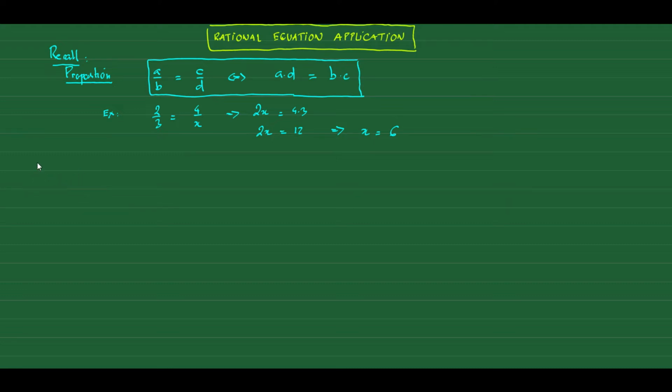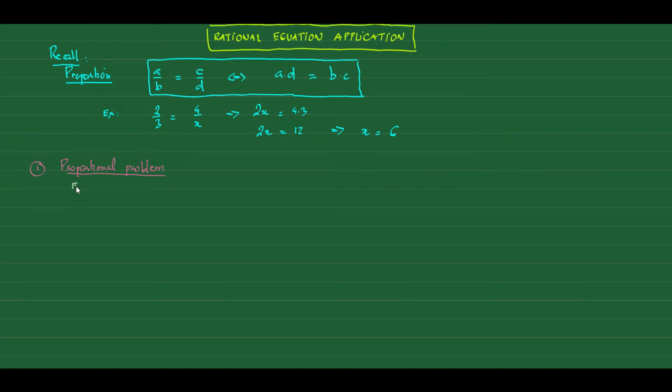Okay, so I'm going to put the first form of application of rational equations: a proportional word problem. Number 1, proportional problem. It means the word problem here can be solved by setting up a proportion and using the cross multiply property to solve for it.